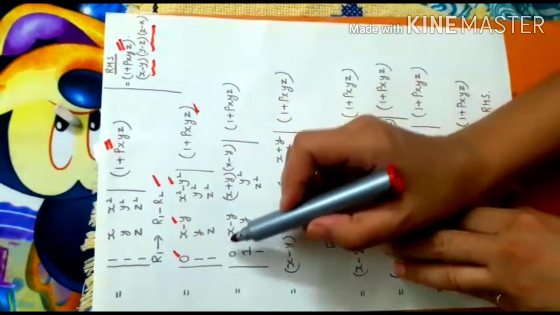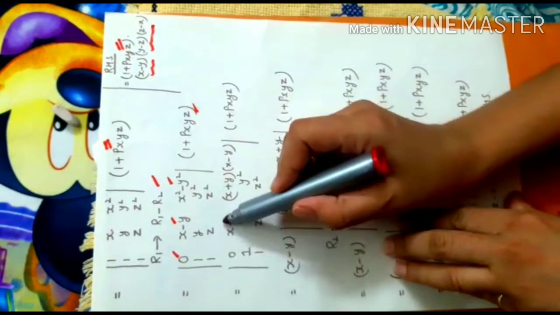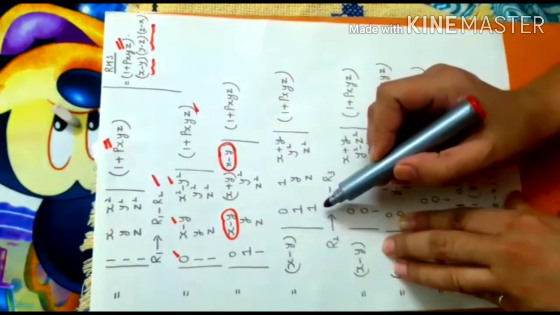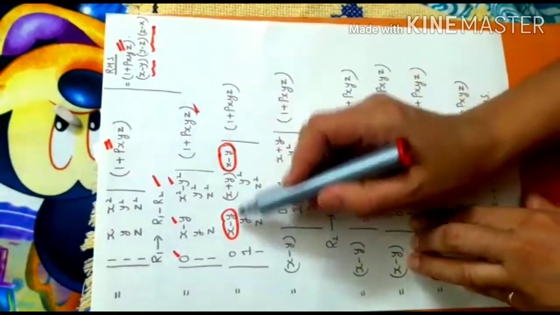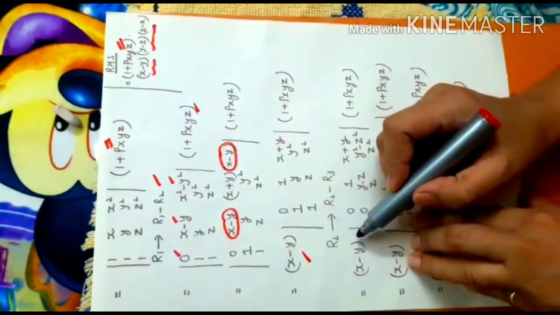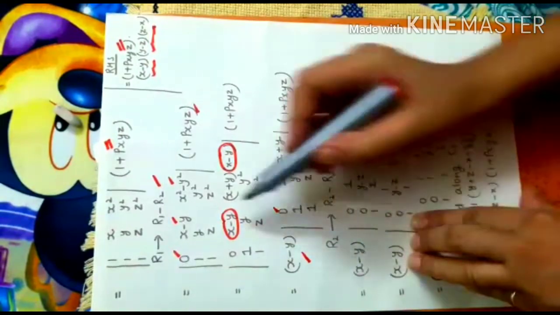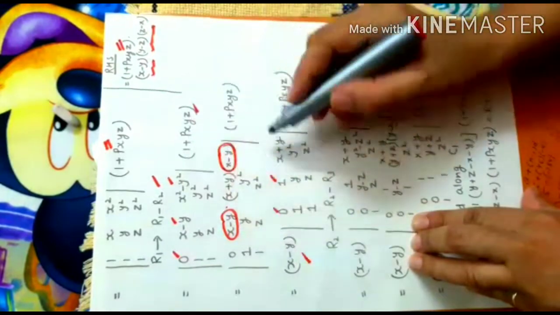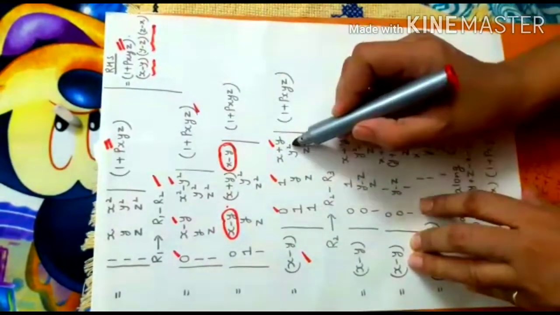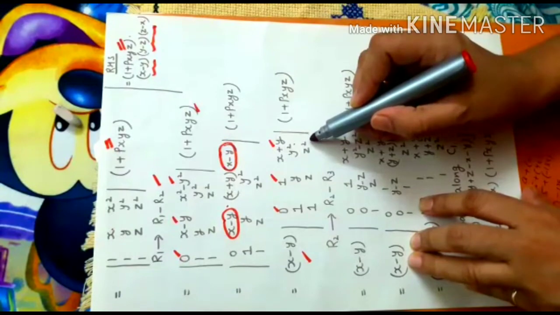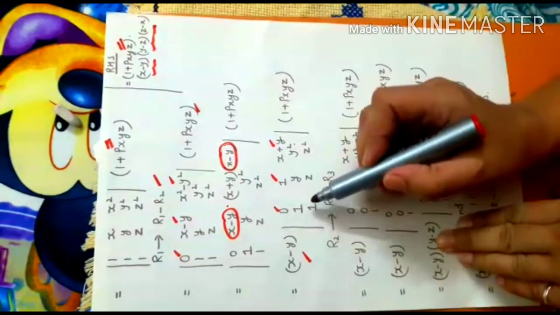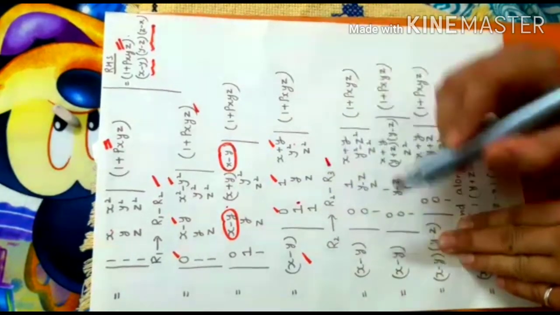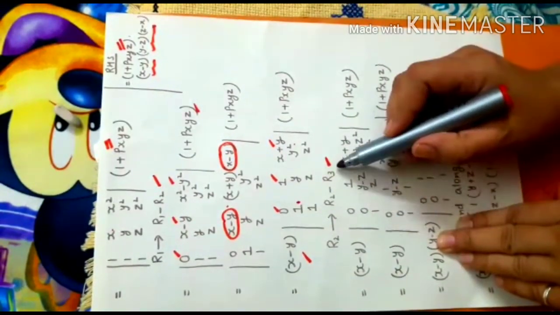Now you can see that from the first row, I can take out this factor common. So I take x minus y common from the first row. So here I'll get 0, here I'll get 1, and this I have taken out, so I'll be left with x plus y. Second and third rows will remain the same. Now in order to make this 0, I'll perform the operation R2 changes to R2 minus R3.